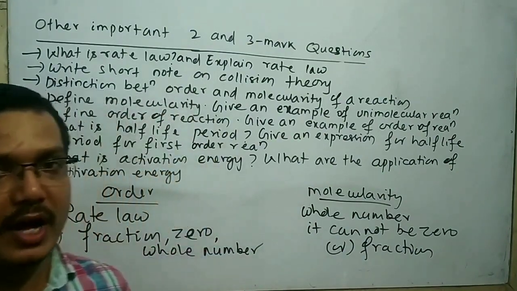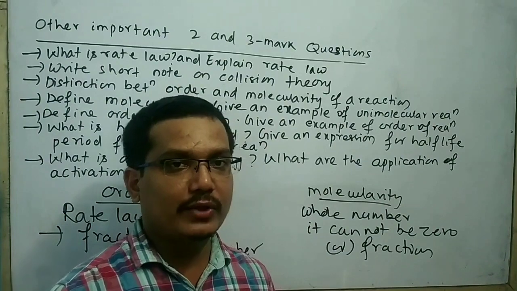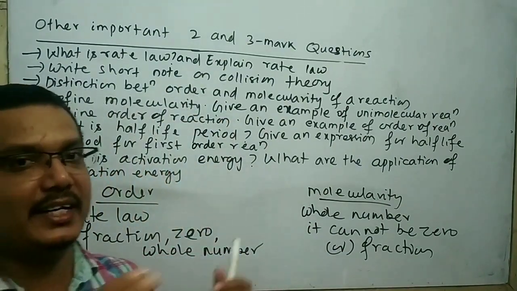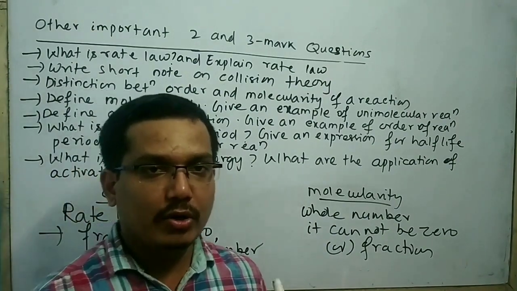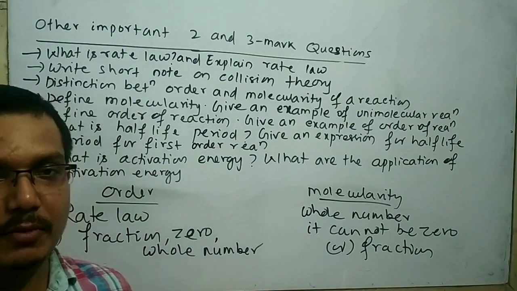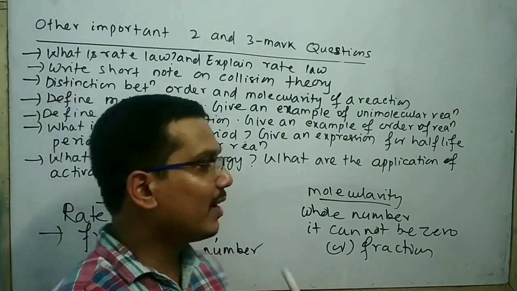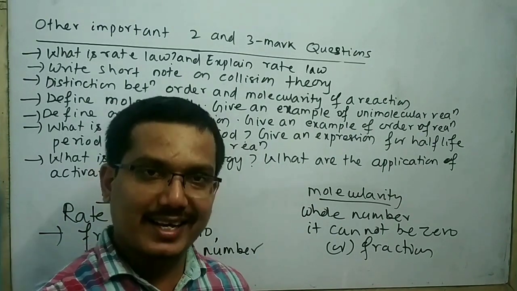Without molecules, atoms or ions, a reaction cannot be possible. And it is also very difficult to take a fraction of a molecule in a reaction, because a fraction of a molecule is highly unstable. So remember an important point, molecularity cannot be a fraction, molecularity cannot be zero. Molecularity is always a whole number. That means you can take one molecule, two molecules, three molecules like that.